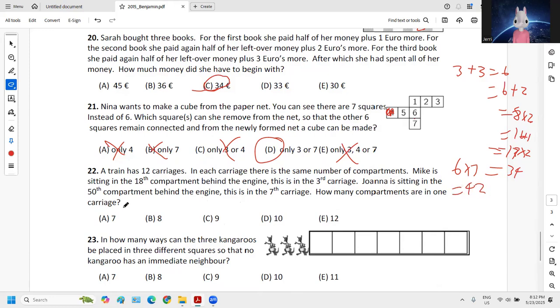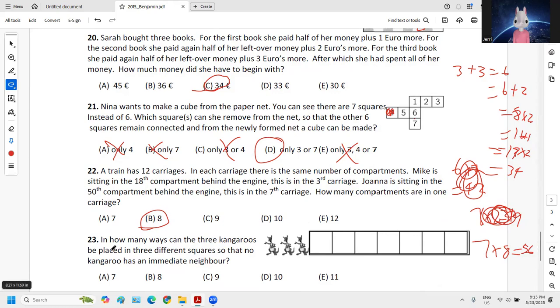It would not be enough for 50. And the next one, 7 times 7 equals 49. Still not enough for 50. And now 7 times 8 equals 56. That's more than enough. So the answer is B, 8.